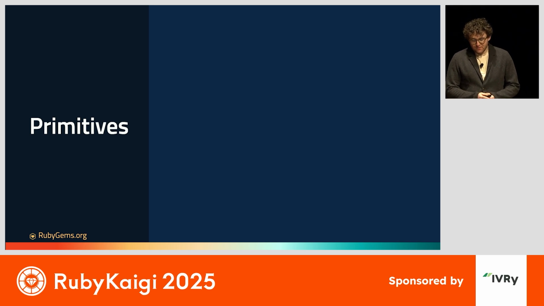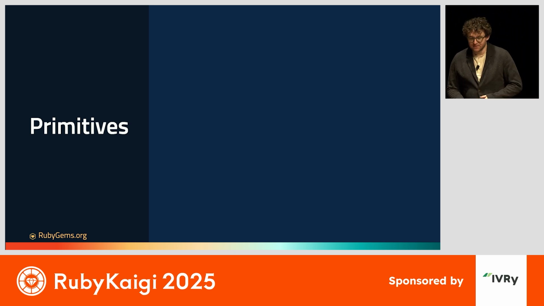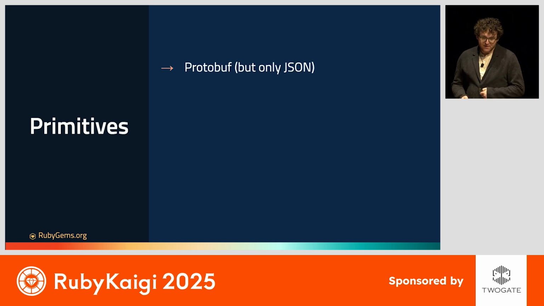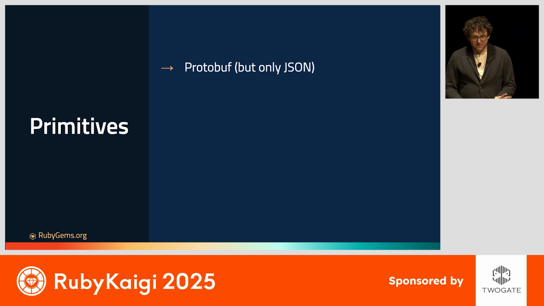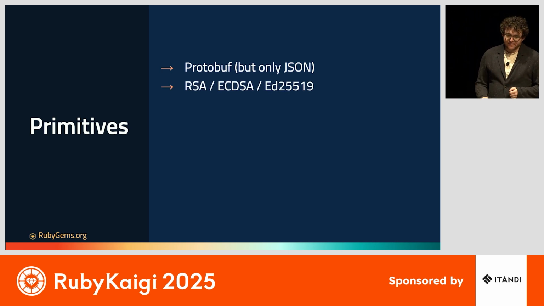So there are a bunch of primitives that are needed to even start thinking about implementing a sigstore client. And they're all things that you probably take for granted, but it's worth enumerating them. So sigstore stuff is defined in terms of Google's protocol buffers. Fortunately, only the JSON encoding of protobufs is used, but that means you need a protobuf implementation.